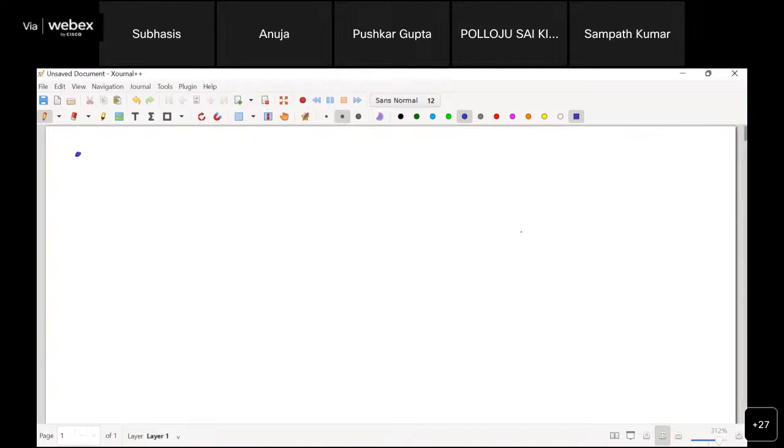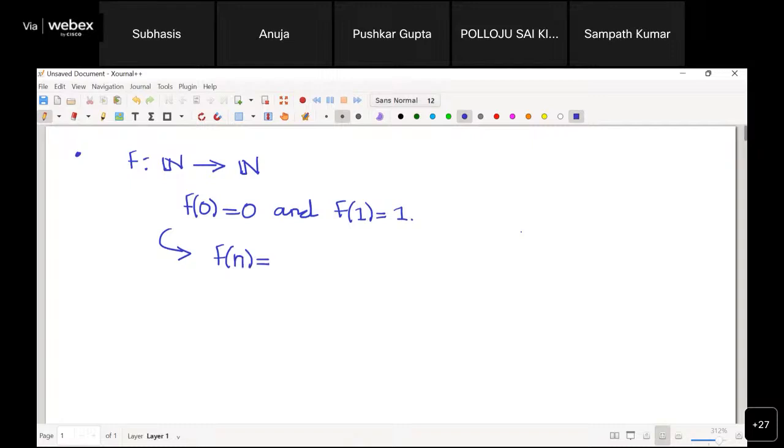The function is from the set of natural numbers to the set of natural numbers, and given that f of 0 is 0 and f of 1 is 1, then recursively we have defined for all natural numbers: f of n equals f of n minus 1 plus f of n minus 2 for all n greater than or equal to 2. This is how we define the function.